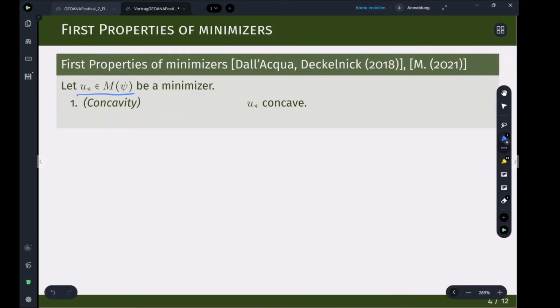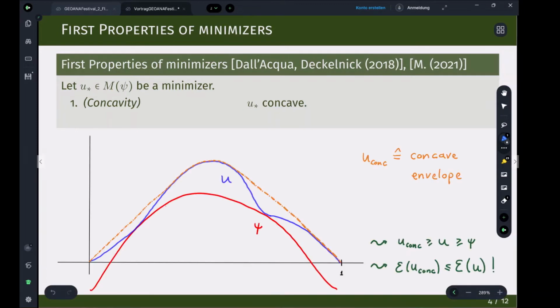If we have a minimizer in the admissible set, I will write the admissible set down later, then it is always concave. Why is that? So if you take any admissible function u and you take its concave envelope, which means you replace the convex parts by lines, then you lose energy. Because if you replace those parts by lines, they have curvature equal 0, so they have energy 0.